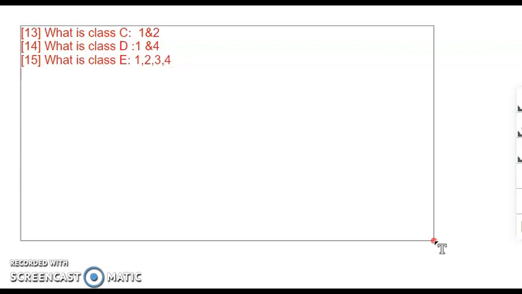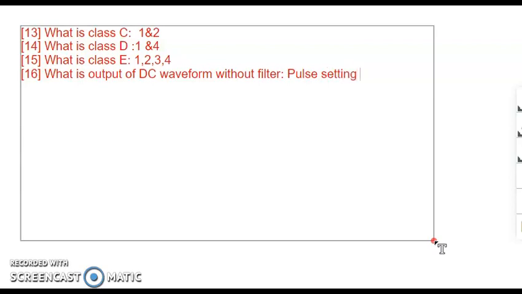And so what is the output of a DC waveform without a filter? That is called pulsating, a pulsating type of waveform.